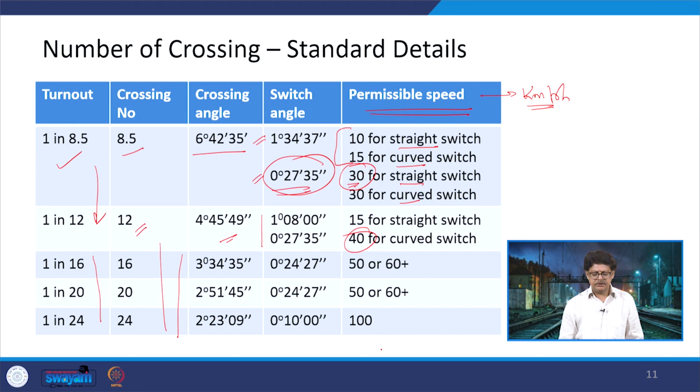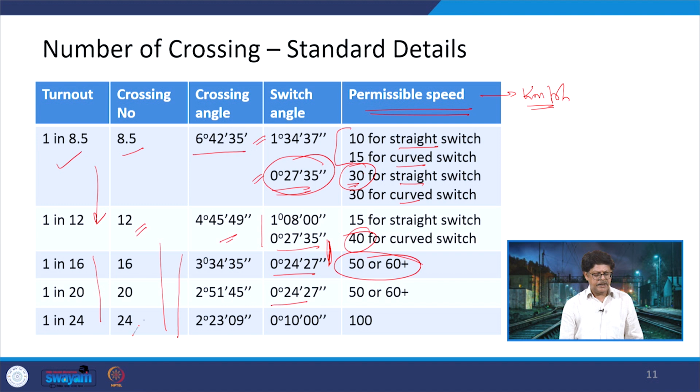The switch angles are defined as 0, 24, 27 in the case of 16 as well as in the case of 20. But here again, if you compare it with 1 in 12, in the case of 1 in 12 we had 0, 27, 35. So, not much difference is there between these two switch angles, but the change is tremendous in the case of the permissible speed.